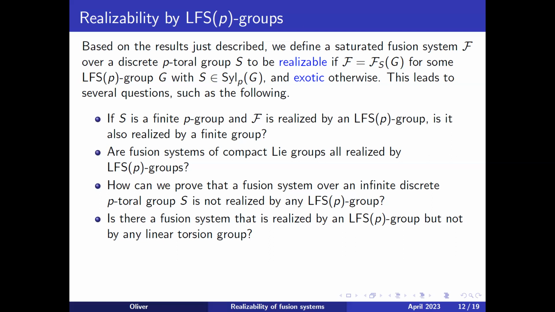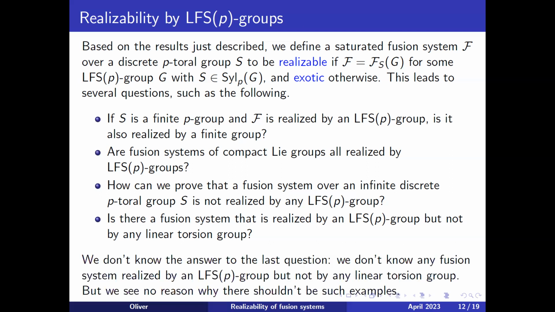And then the last question: is there a fusion system realized by an LFS of p group, but not by any linear torsion group? In other words, what do we gain, if anything, by looking at this larger class of groups?